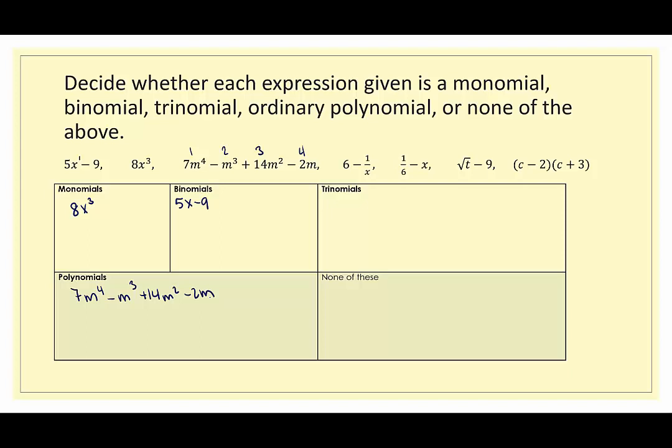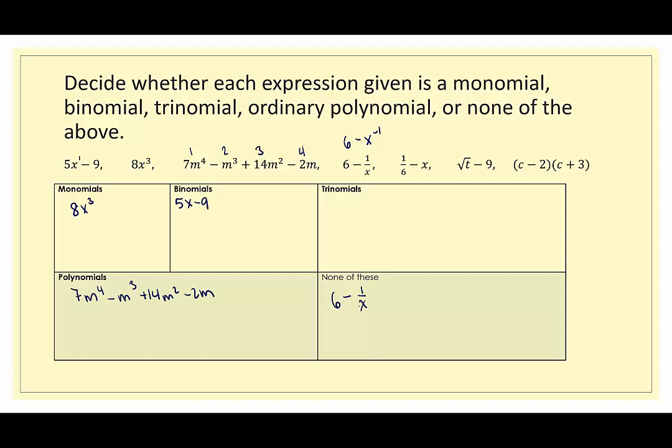If we were going to pull it up so that it wasn't under the fraction, it would end up with an exponent of -1, because that negative is how we get any factor out of the denominator: we take its reciprocal, which means we give it a negative exponent. Now I'm looking at the exponent, I'm saying that's not positive, that's negative. Therefore, this is not a polynomial. We're going to put that here, 6 minus 1 over x.